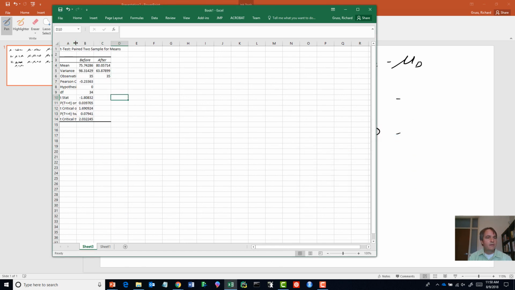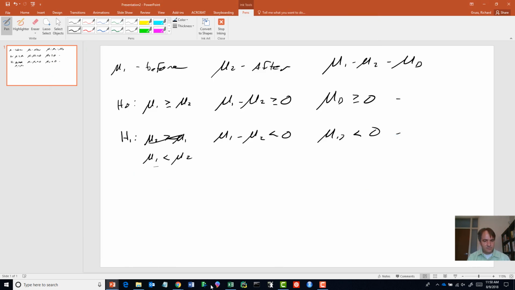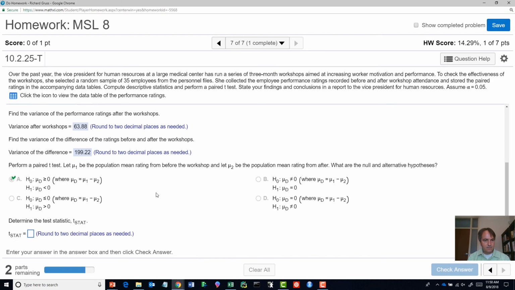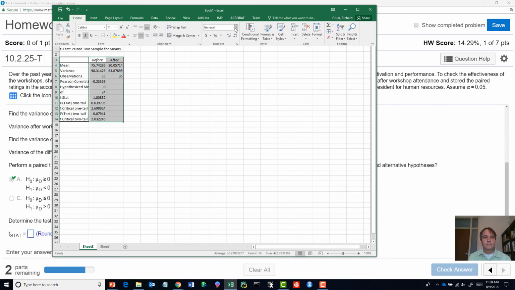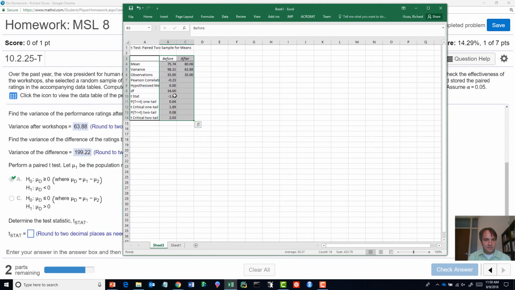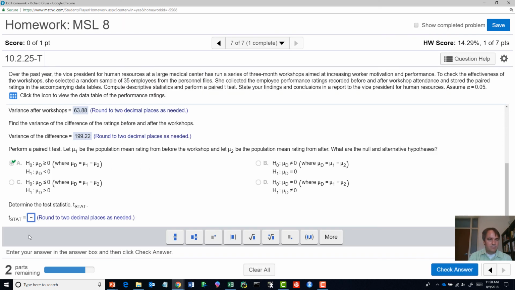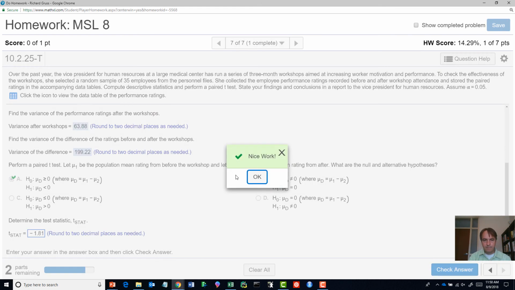Okay. All right. And the questions, let me go. We're rounding to 2 decimal places, so I assume everything I need is here, so I'll just round these. Okay. So the t statistic is here, negative 1.81. Okay.